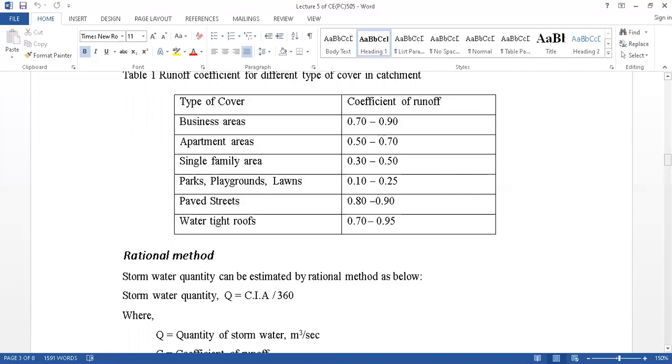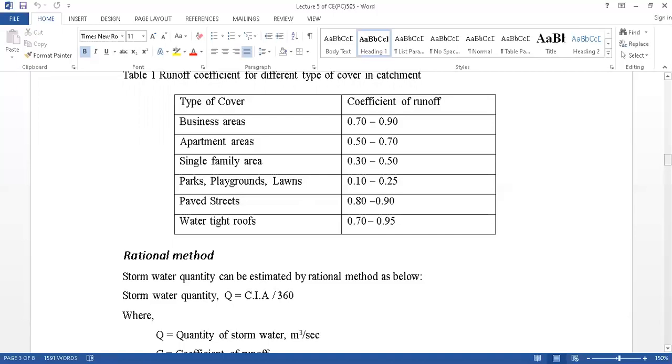If we talk about pavement streets like concrete roads and rigid pavement roads, the chance of water percolating under the ground is very little, maybe negligible. So it is maximum surface runoff, that is 0.8 to 0.9. And the last item, watertight roofs, means the water cannot percolate, so everything will be surface runoff.